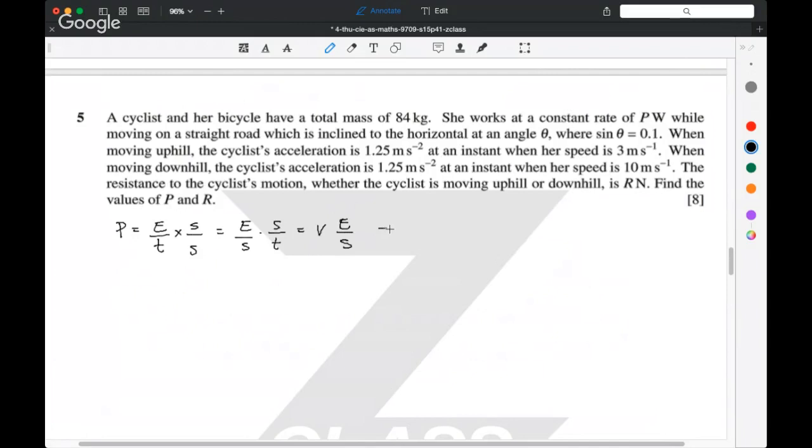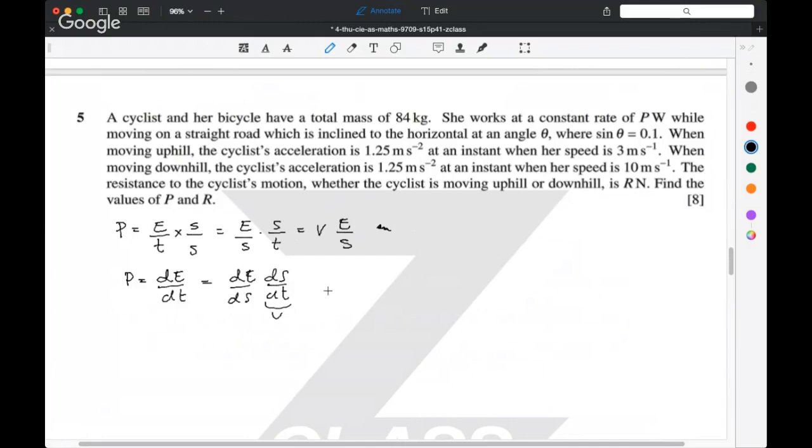In fact, I'm going to do this in differential form, because this is kind of an oversimplification. Strictly speaking, you should say that P is equal to dE/dt, which using the chain rule is equal to dE/ds times ds/dt.